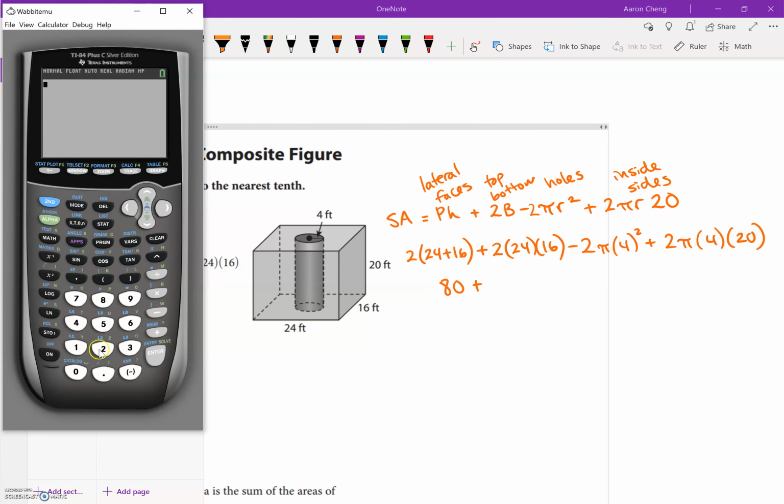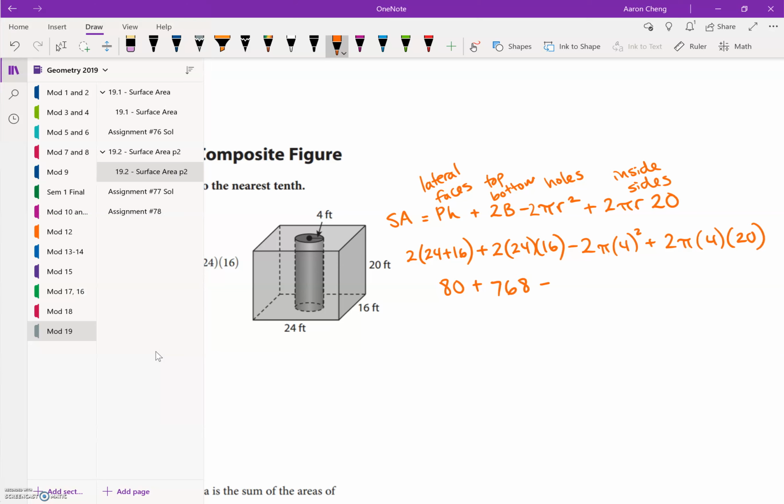We've got 24 times 2 times 16, 768. 16 times 2 is 32 pi, plus 8 times 20 is 160 pi.